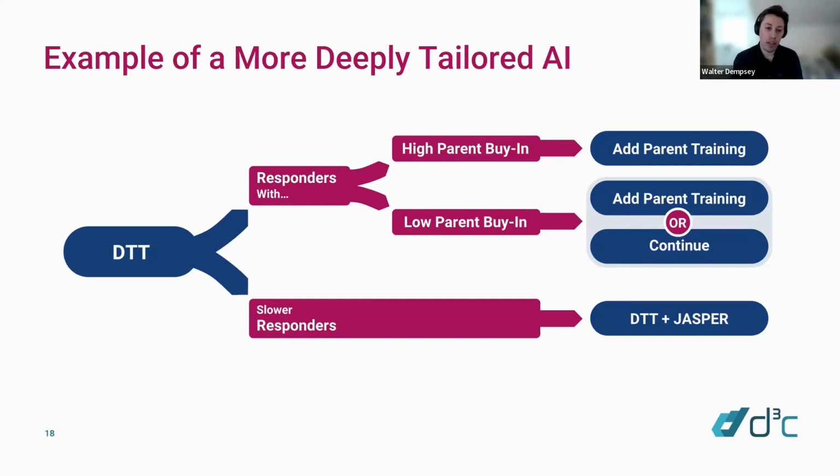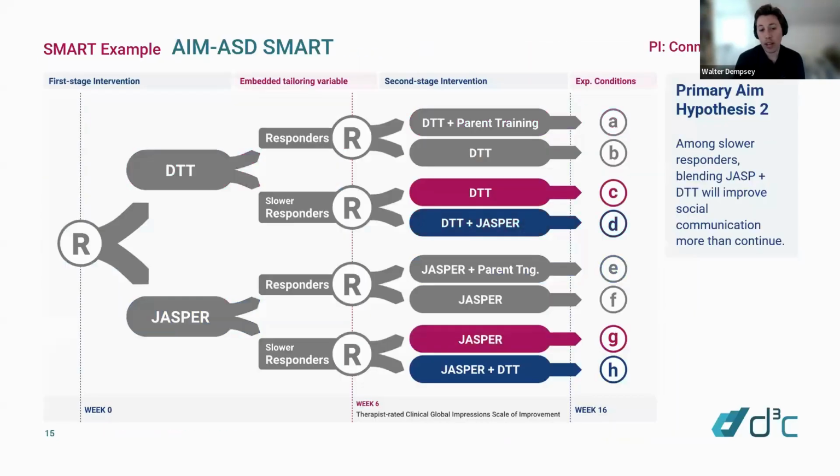On the point around, I think your second question was how to worry about confounding. Because you randomized at each stage, the fact that certain parents with high buy-in will be responders, so it might just be the case that parents with high buy-in have a higher response rate for their kids than parents with low buy-in.